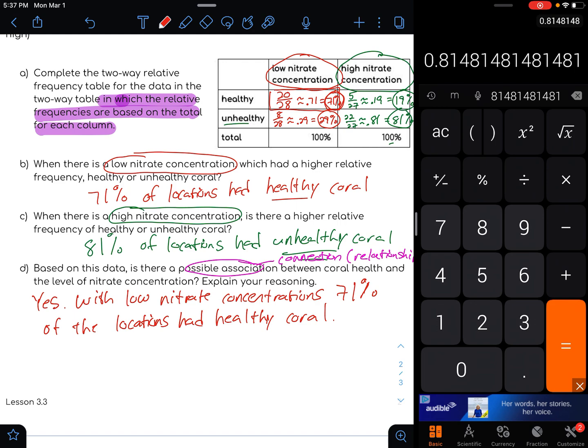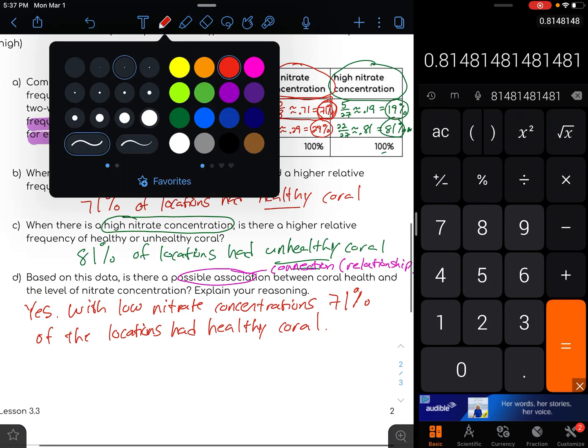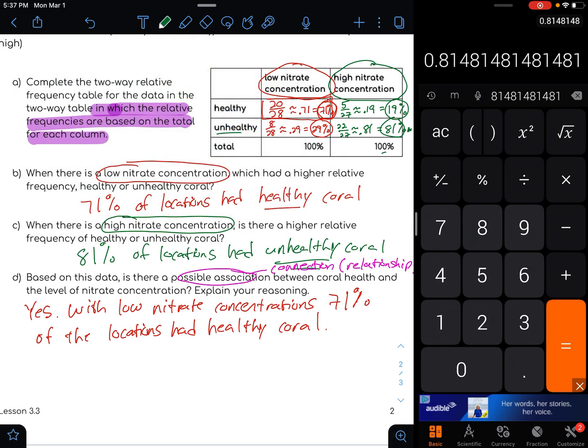And so then if we compare, what happens with high nitrate concentrations? Do we still see a bunch of healthy coral? No, actually in reverse of that, right? We actually see high nitrate concentrations in which the unhealthy locations are a much higher percentage. So let's add that to our association.